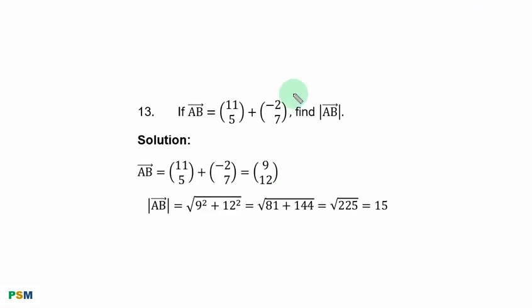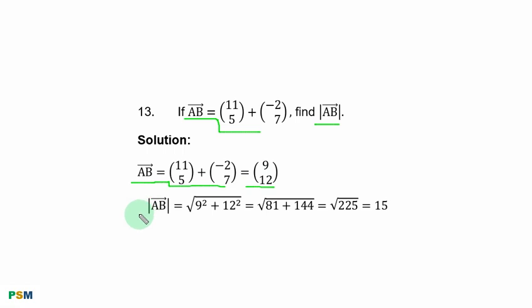Example 13. If vector AB is the addition of the two column vectors, find the magnitude of vector AB. Solution: from the given problem, you simply add the two column vectors and you have the column vector with the entries 9, 12.